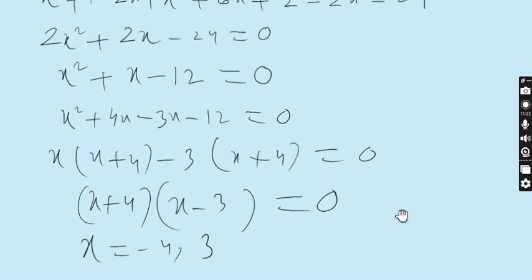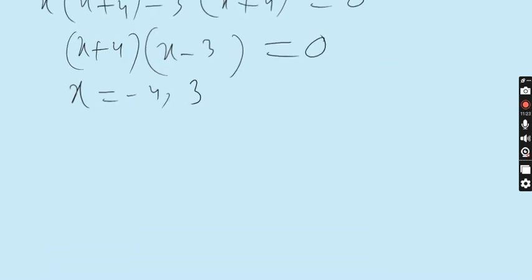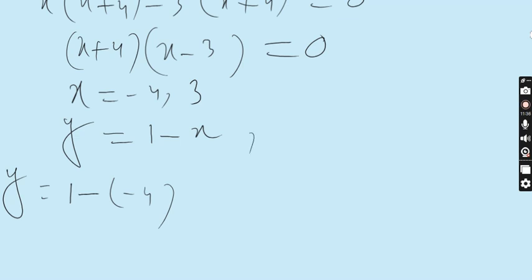What was our equation? y is equal to 1 minus x. When x is minus 4, y is equal to 1 minus (minus 4), so 1 plus 4 is 5. When x is 3, y is equal to 1 minus 3, which is minus 2.